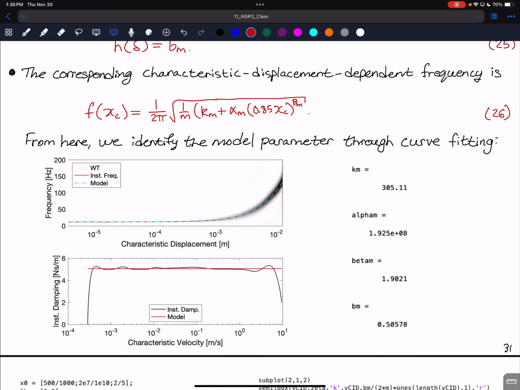You can see here that the linear stiffness, so I'll add these here. So k, the linear stiffness, is actually 300. The actual alpha here, I think it's 2. Check. It's 3 times 10 to the 8th.